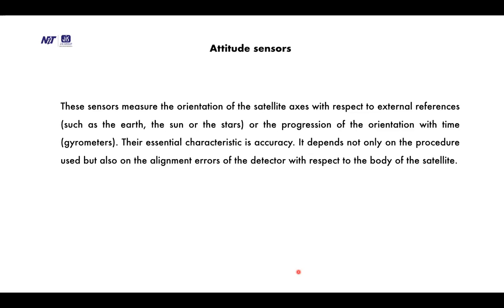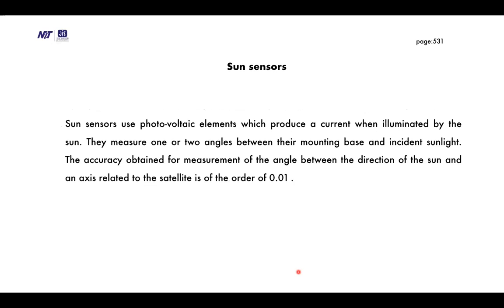Their essential characteristic is accuracy. It depends not only on the procedure used but also on the alignment errors of the detector with respect to the body of the satellite. Sun sensors use photovoltaic elements which produce a current when illuminated by the sun.